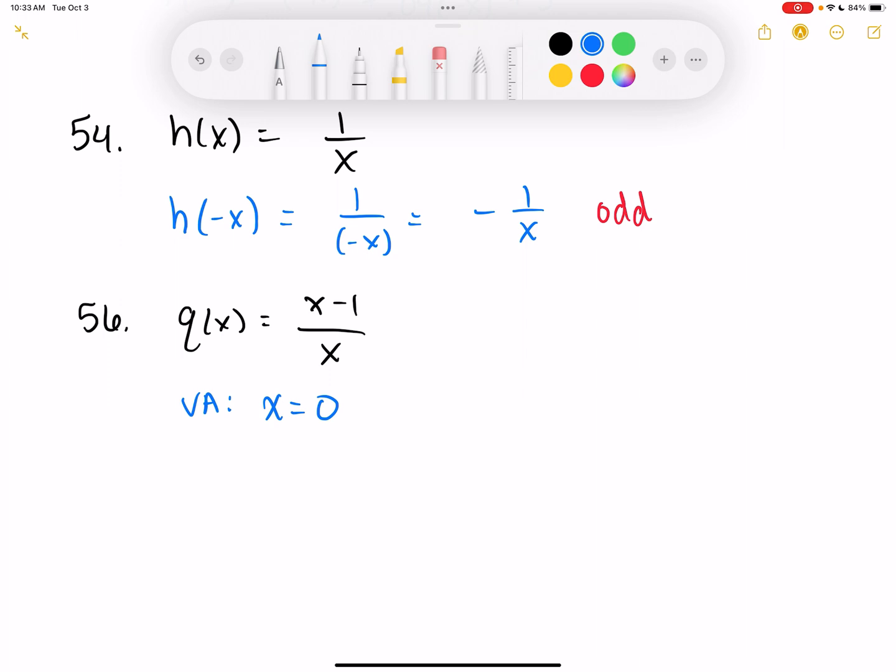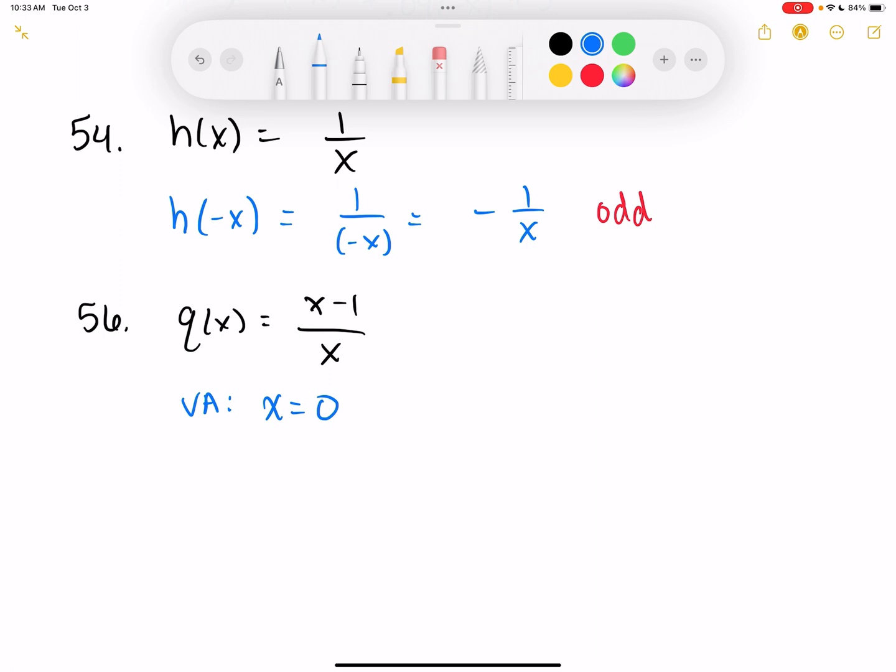Basically, whatever causes a problem with the domain is what we're worried about. Vertical asymptotes are only going to occur when you have a quotient. So anytime it's asking us to find the vertical asymptote and the x is in the denominator, it's always going to be 0?